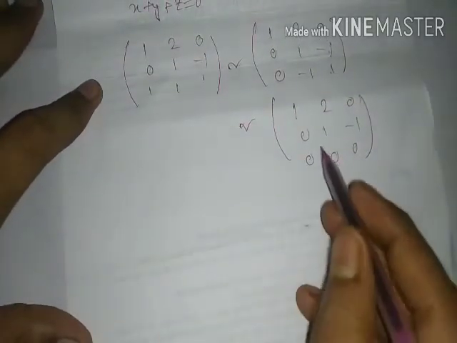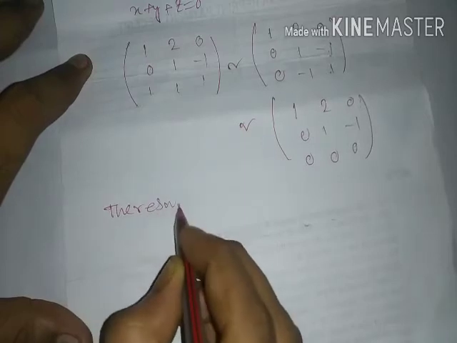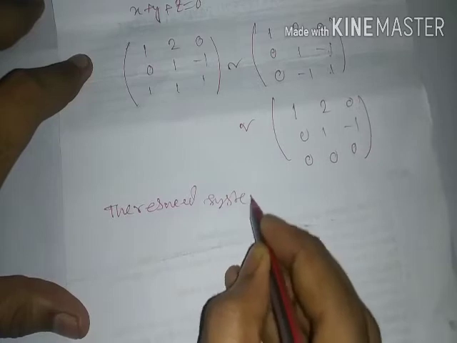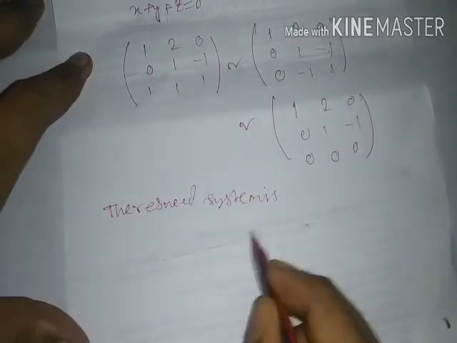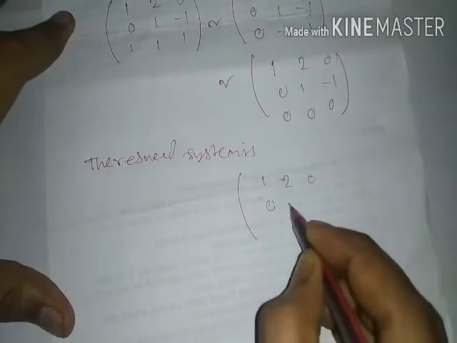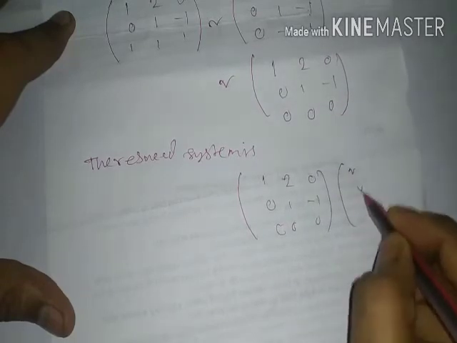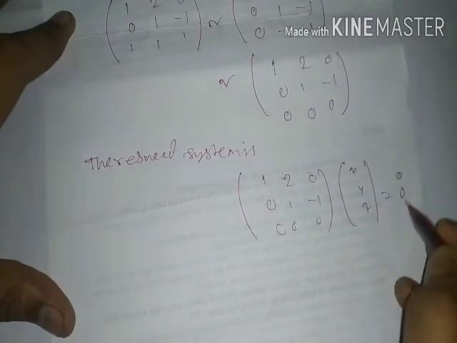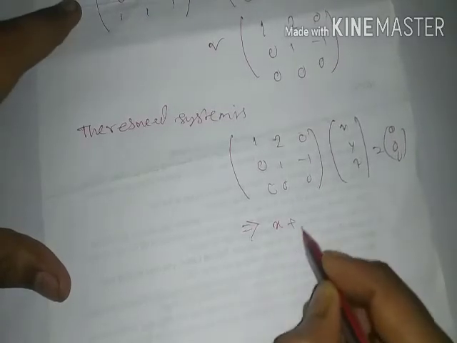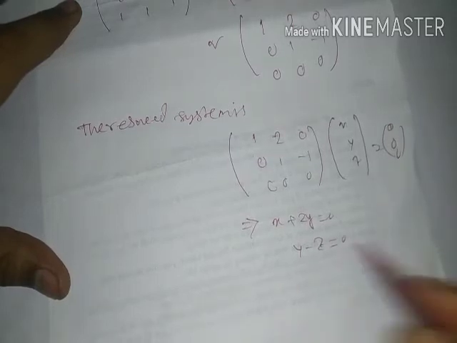So the reduced system is 1 2 0, 0 1 minus 1, 0 0 0, times x y z equal to 0 0 0. So we get x plus 2y equal to 0, y minus z equal to 0.